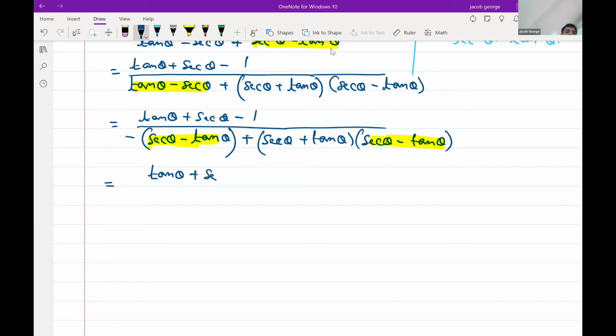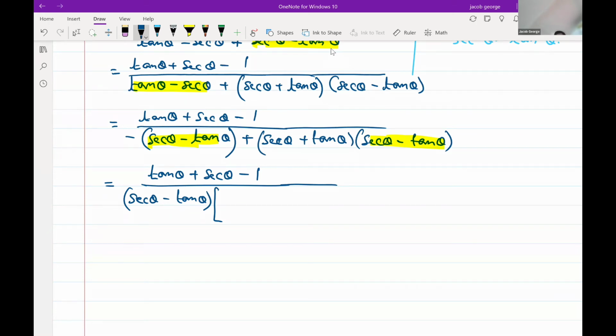So this will be tan theta plus sec theta minus 1 upon sec theta minus tan theta into sec theta minus tan theta into. Then what about this term? Minus.